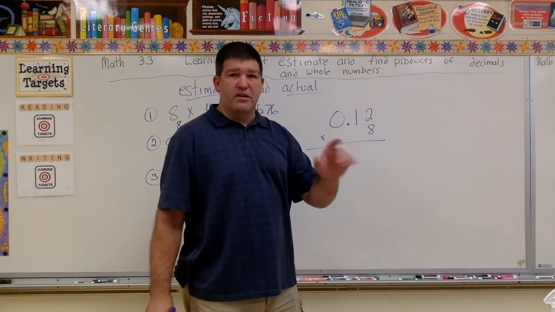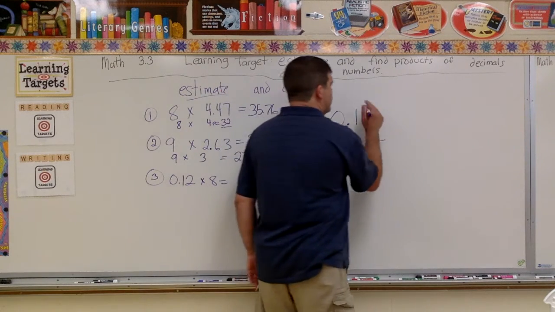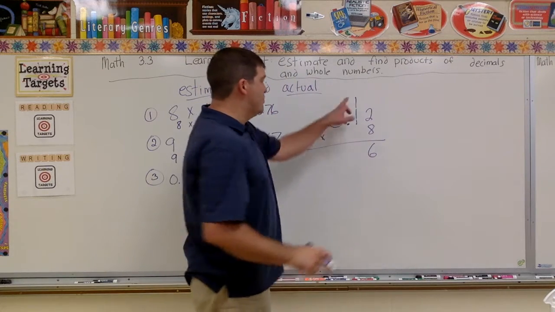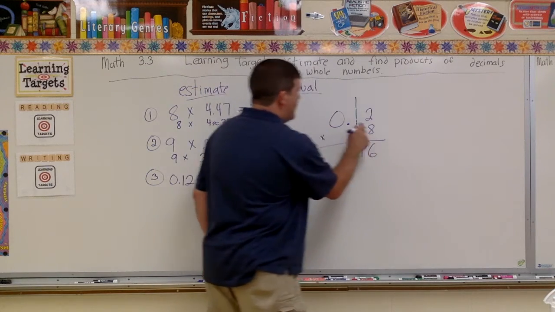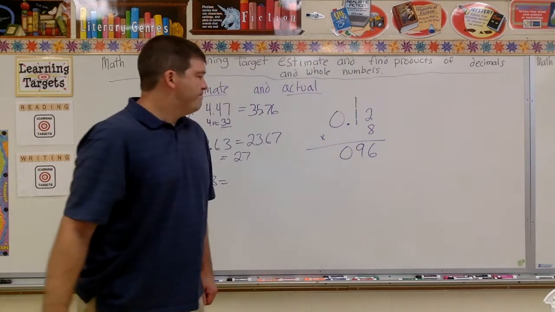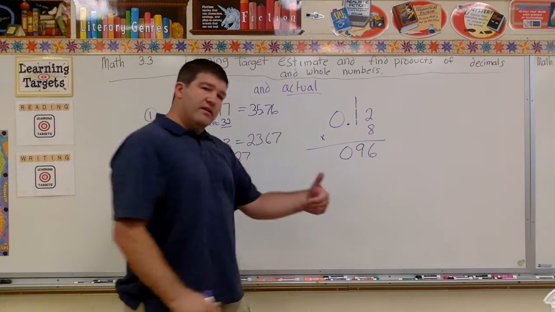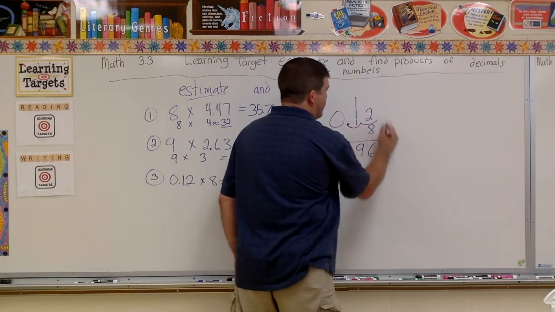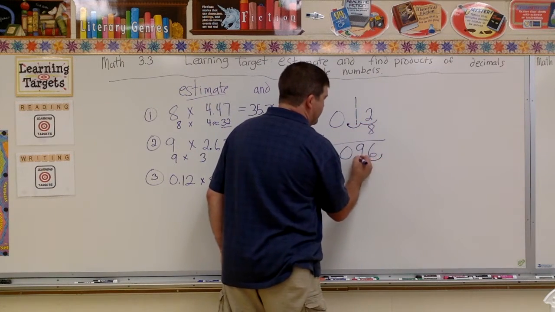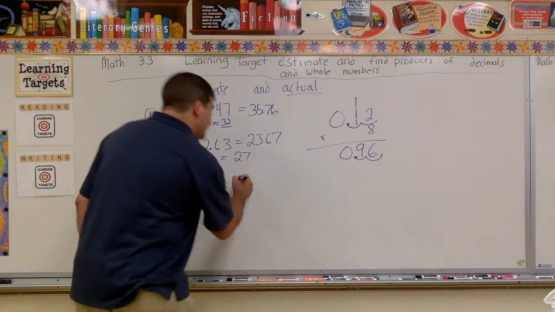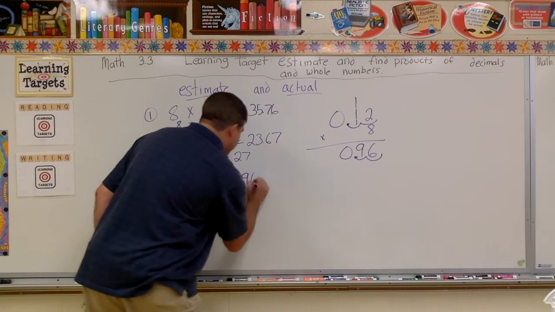Just do your multiplication, knowing your facts. 8 times 2 is 16. 8 times 1 is 8, plus 1 more is 9. And 8 times 0 is 0. All right? Now I got to move the decimal out and move it in. 1, 2 out. 1, 2 in. Okay? All right. 0.96.